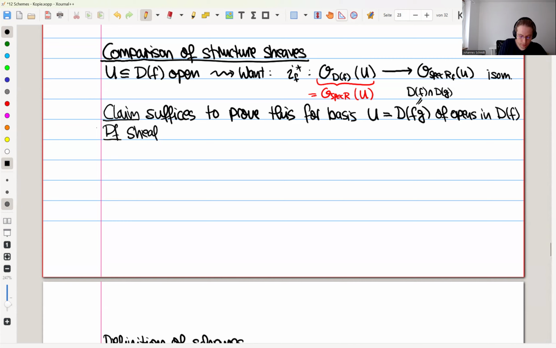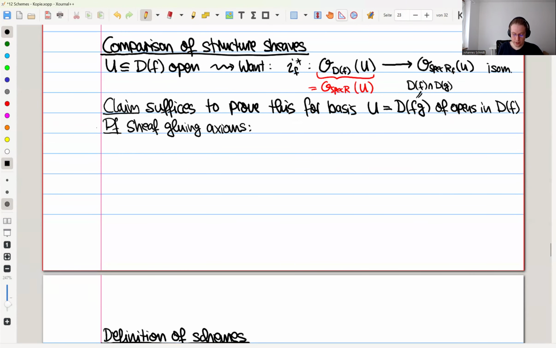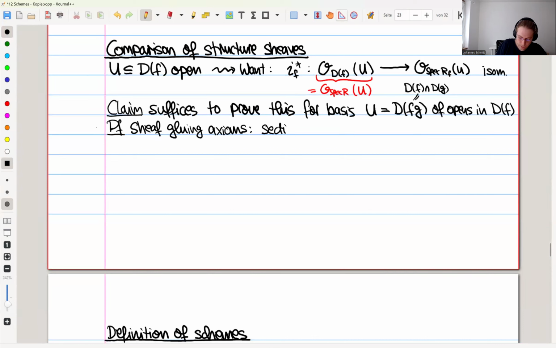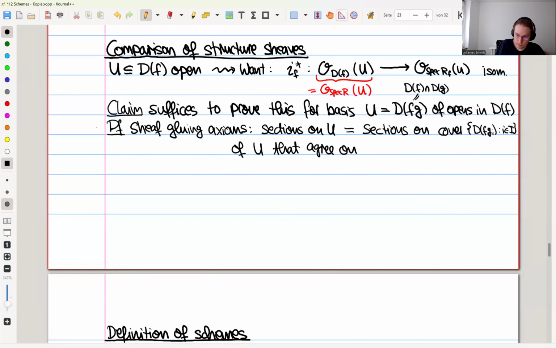So somehow the sheaf gluing axioms, as we have seen several times before, knowing all of the regular functions on these distinguished opens and how they restrict tells us everything that we need to know about the regular functions on U. So somehow the sections on U are equal to the sections on a cover of U that agree on further covers of the D(fg_i) intersected with D(fg_j).